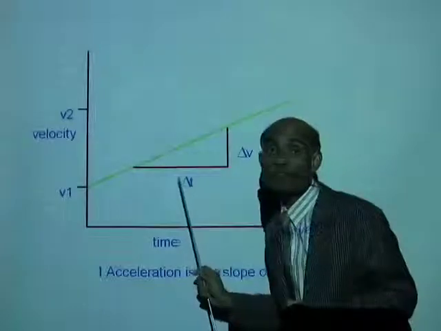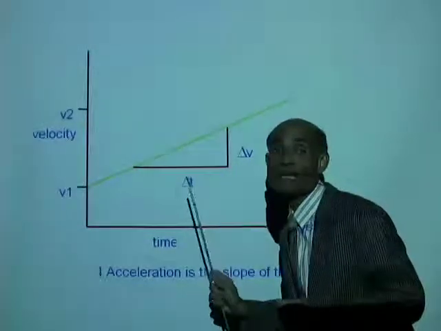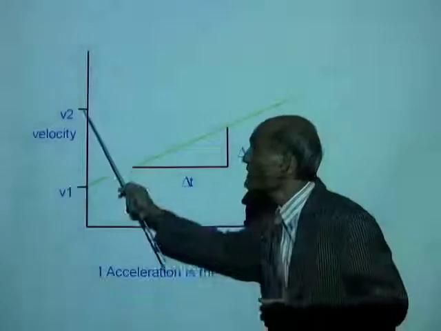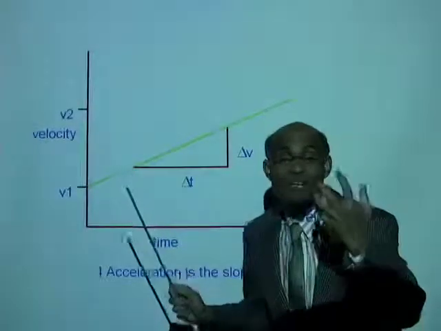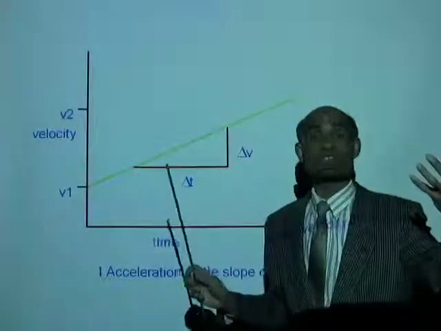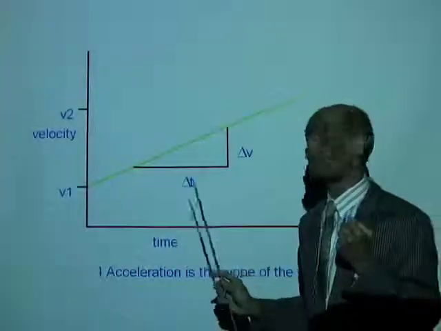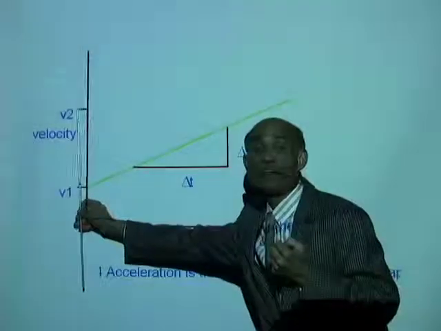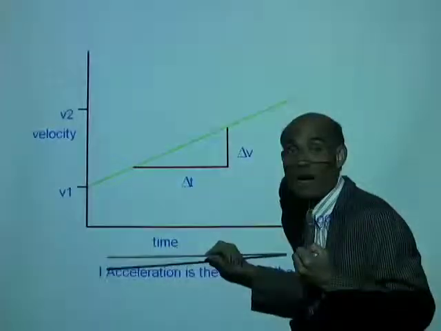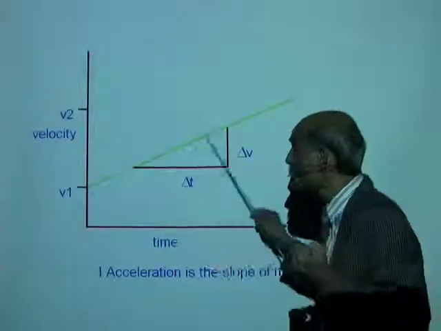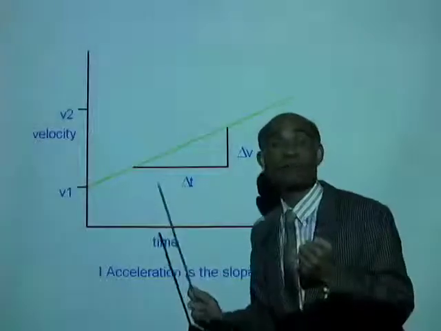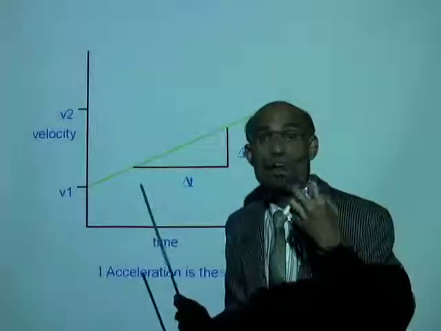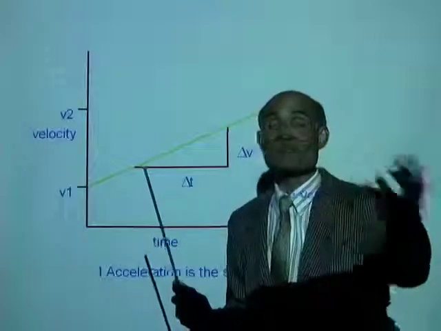And if that happens in a time t, then (v2 minus v1) over the time is the definition of acceleration. In other words, if you draw a graph of velocity against time, and if that graph is a straight line, then the slope of that graph is a measure of the uniform acceleration.